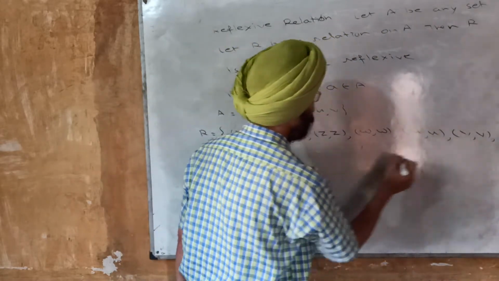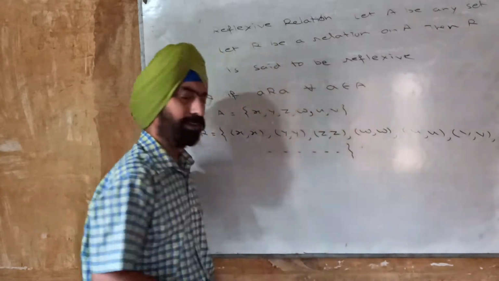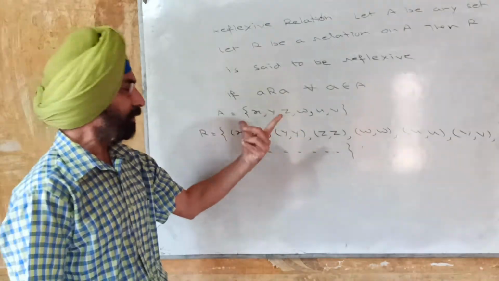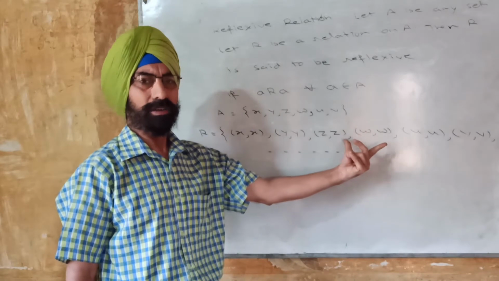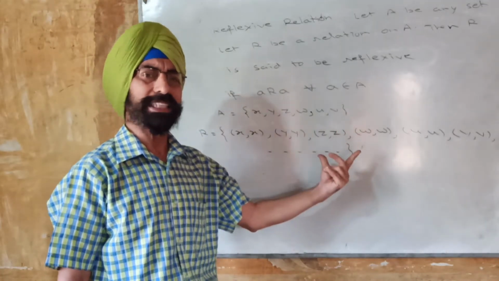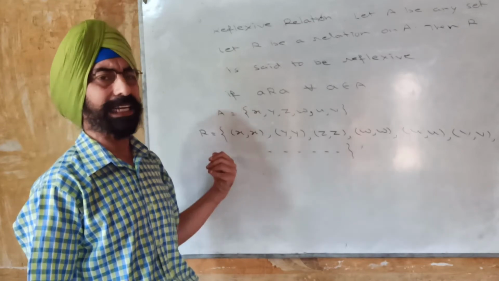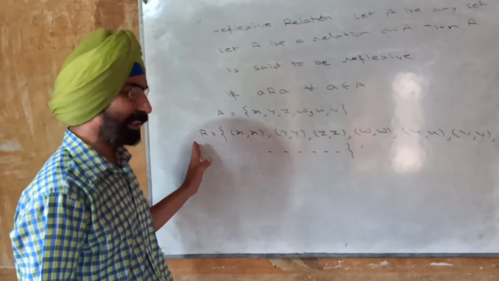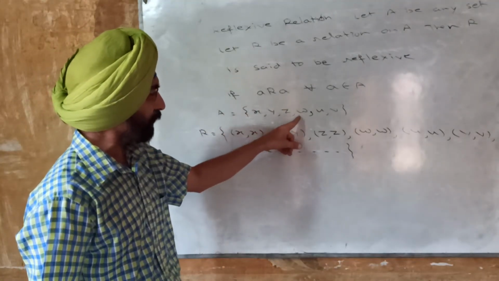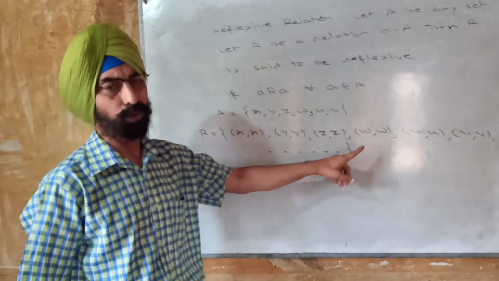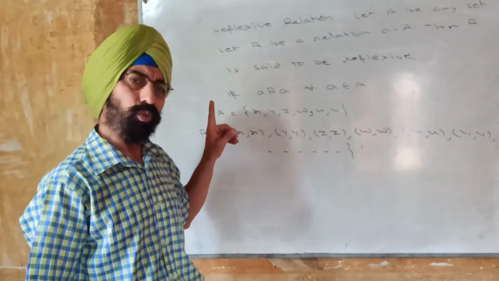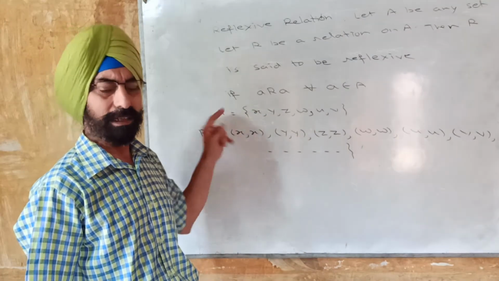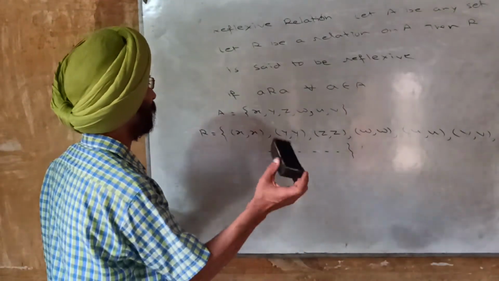There may be some more elements in the relation R, but these elements must be there. If even one of these 6 elements is missing, then the relation will not be reflexive. It is clear, I think, that a relation is reflexive if every member of the set A is related to itself. If even one element of A is not related to itself, then the relation will not be reflexive. That is the first type of relation.